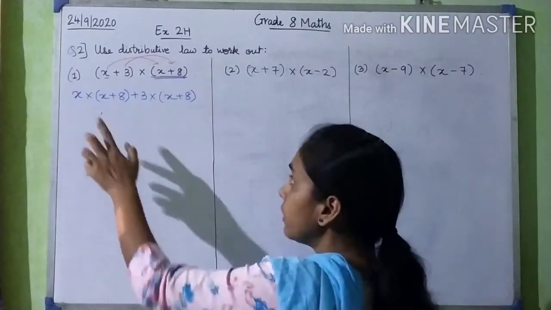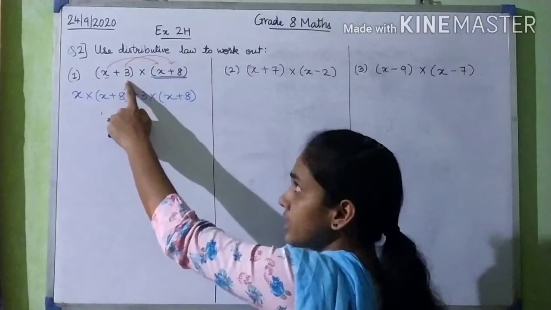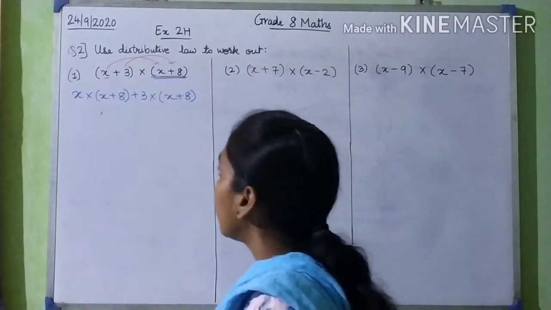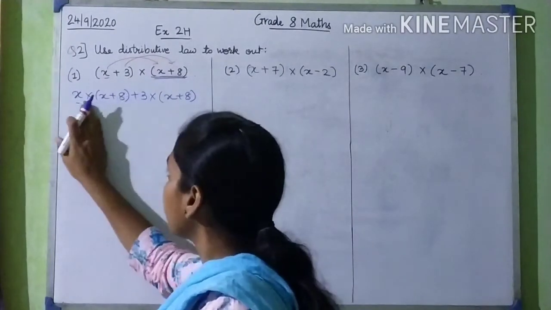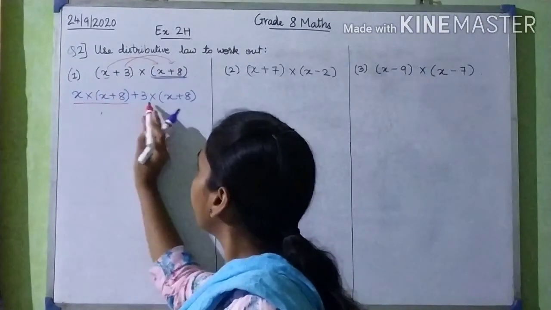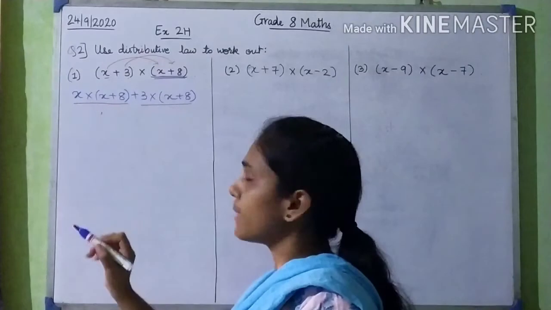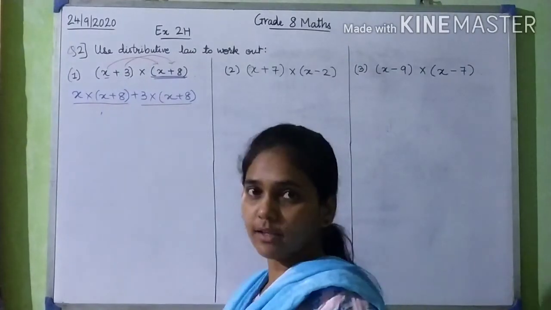So here I have multiplied the first term with the whole second expression, then the second term with the whole second expression. Now we have to solve it by expanding these brackets. So x multiplied by x plus 8 means what? x will get multiplied to each term inside the bracket, right?